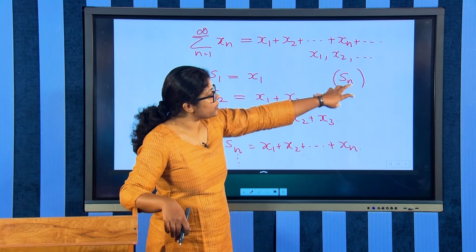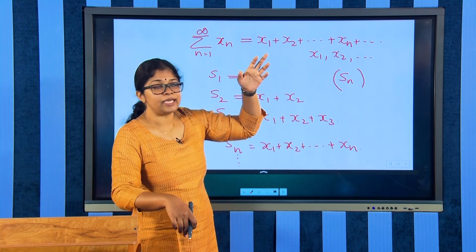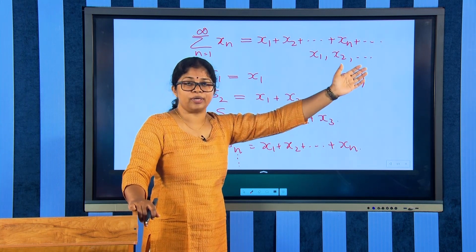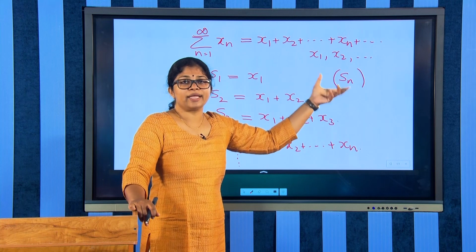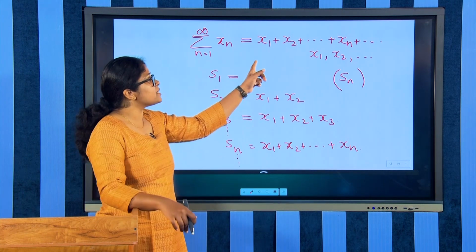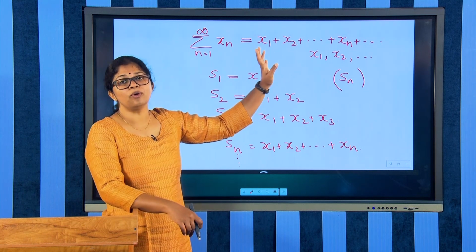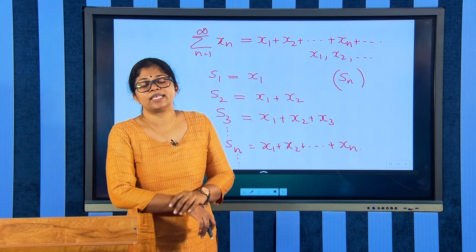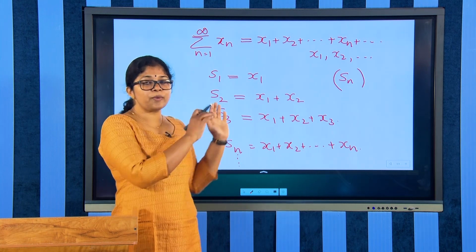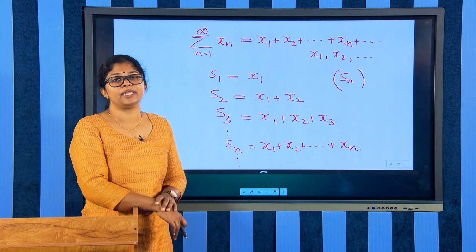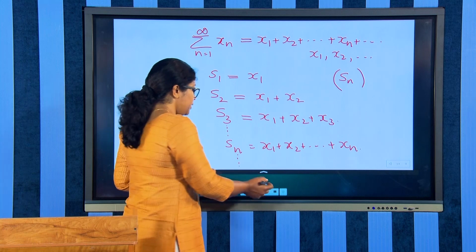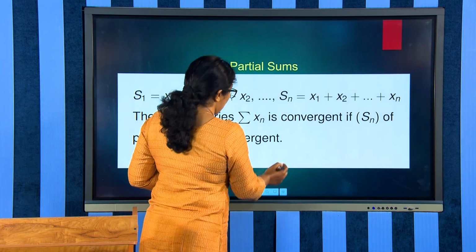And if this sequence of partial sums goes to infinity, or if it is a monotonic increasing sequence which is unbounded above, or a monotonic decreasing sequence which is unbounded below, and so on, we can say that the series is not convergent; we say the series diverges. That is how the sequence of partial sums helps in determining the convergence and divergence of an infinite series.